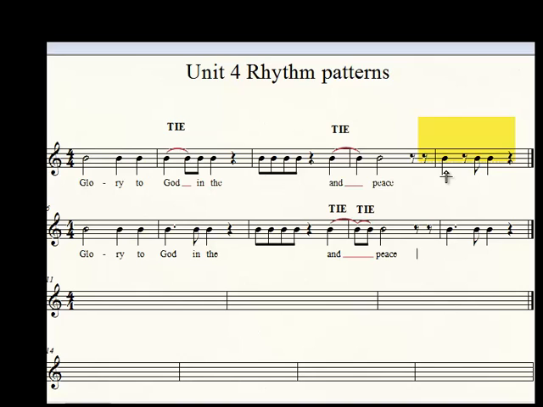Let me do the first line. Last bar of the first line would be ta, ti, ta. And now the second line, last bar, would be, here we go, ta, ti, ta. It's smoother, right?